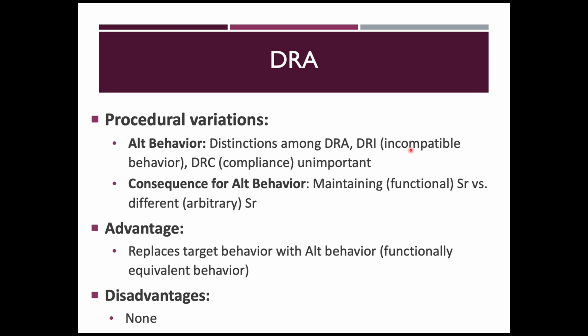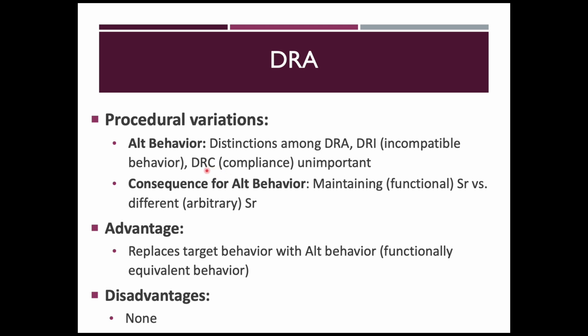So if it's stereotypic and it's automatically maintained, we could set up a DRI wherein on a schedule of reinforcement, we reinforce an incompatible behavior. So for example, both hands contacting a toy. As long as the individual has his or her hands on the toy, reinforcement is provided. If the hands are in the mouth, no reinforcement. So we're calling it an incompatible behavior, but it's still an alternative response, an appropriate response, an alternative to the problem behavior.